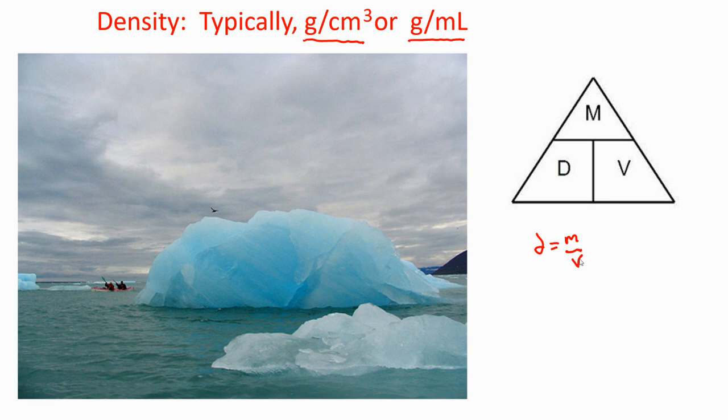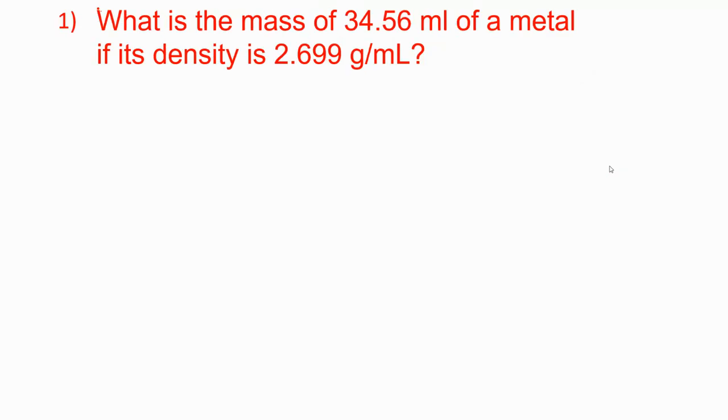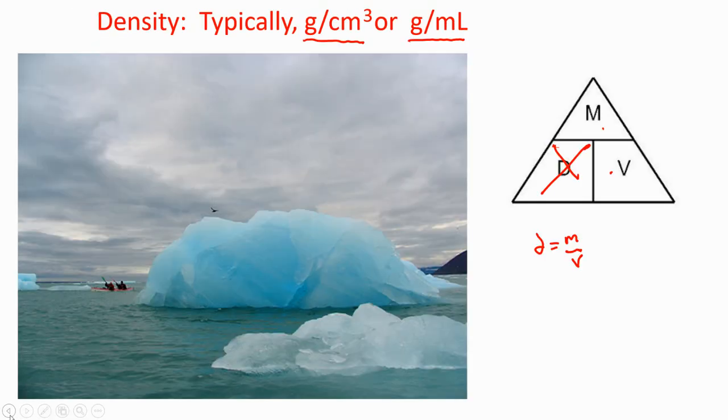So if you were to put your hand over density right here, the relationship that's left is mass over volume. Likewise, if I were to cover up mass, the relationship is density times volume, and so on and so forth. Let's do a couple of problems involving density.